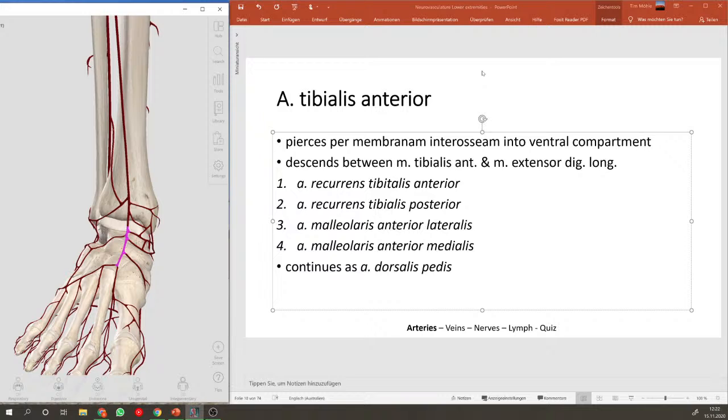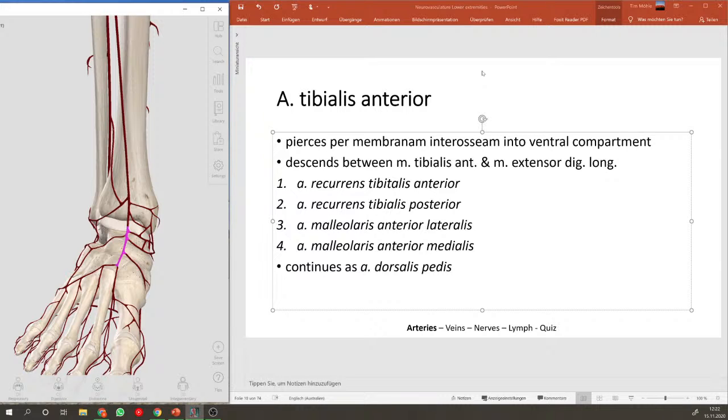Arteria dorsalis pedis, so therefore it's important to know that it runs towards the first intermetatarsal space, spatium intermetatarsale primum. It's just a fancy word for the space between the metatarsals, so this is the first intermetatarsal space here, then we have the second, third, and fourth.